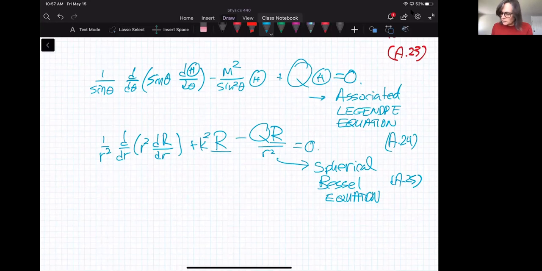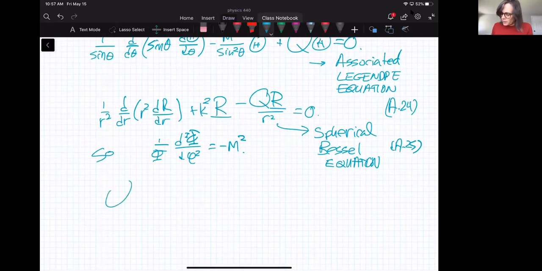That means that we can write, oh, and we also have, of course, 1 over phi d squared phi d phi squared. The only part that's easy is this part equals minus m squared.